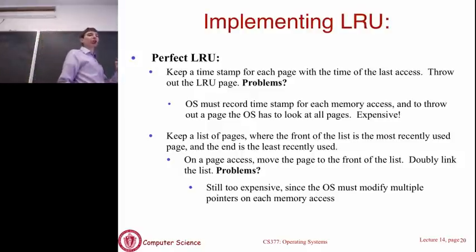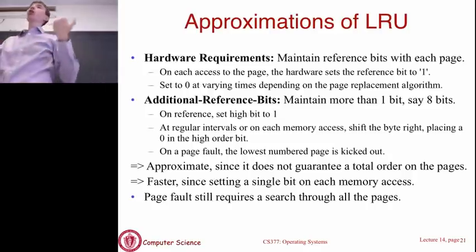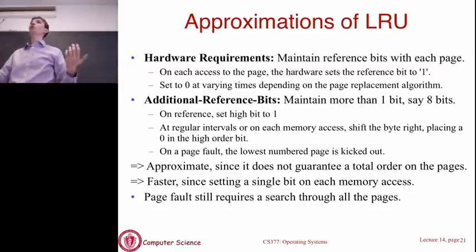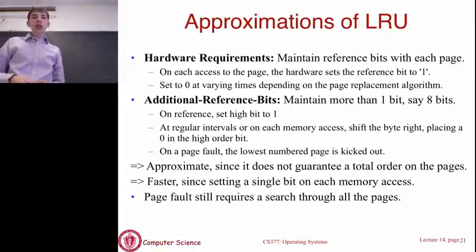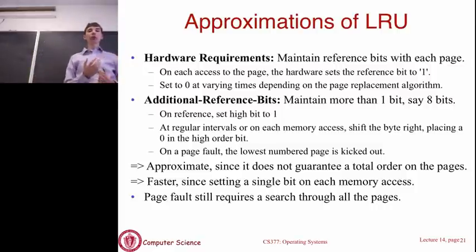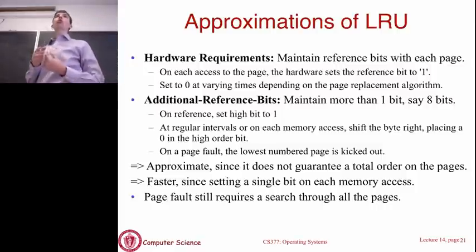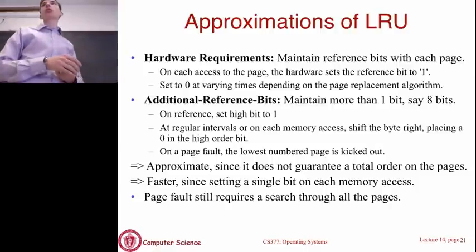So in practice, we basically don't use perfect LRU. Instead, we're going to approximate LRU. This is sort of a running theme: every time we have some nice, perfect approach that we can't do efficiently enough, we use some approximation instead. The idea here is, rather than storing exact timestamps, we're going to store some approximation of actual timestamps.